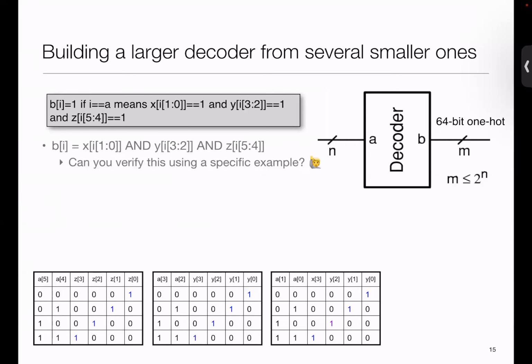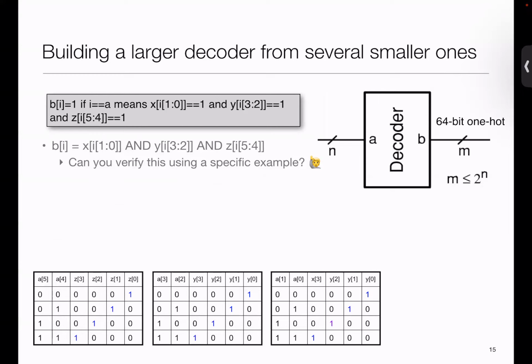And so I can write that as an AND expression. So for example, if I'm interested in B0, then that is the same as saying X0 and Y0 and Z0, right? Because it corresponds to the pattern that all of A should be 0.